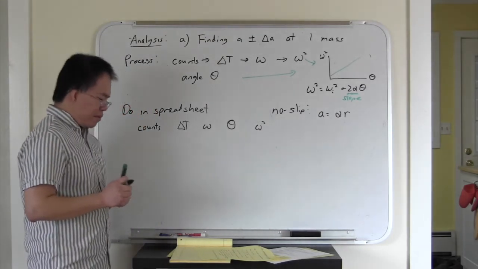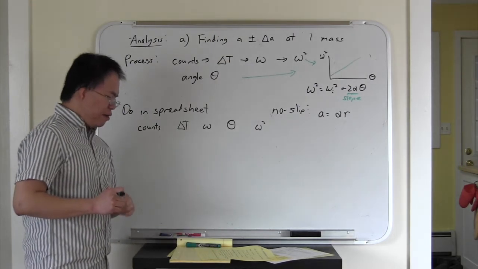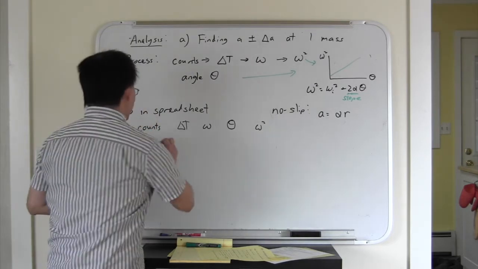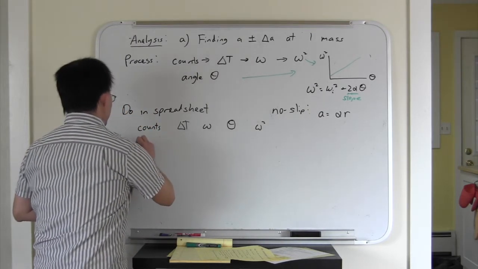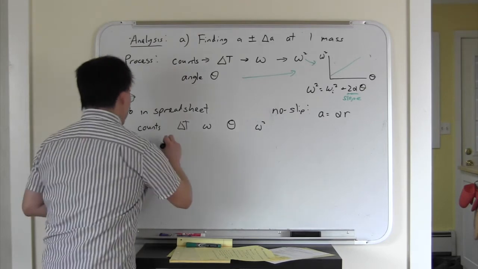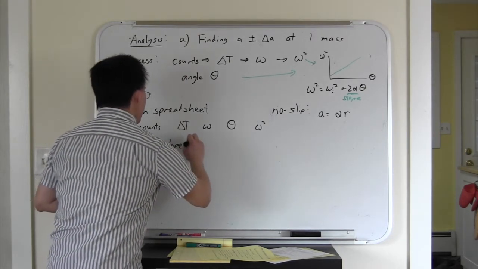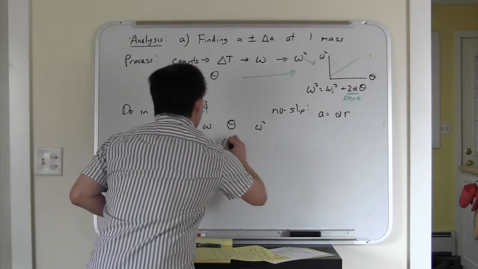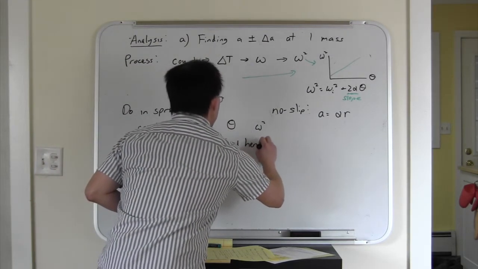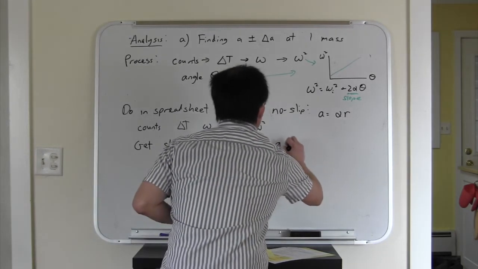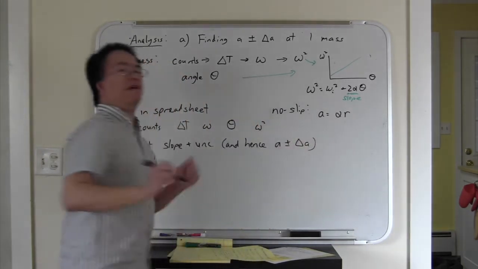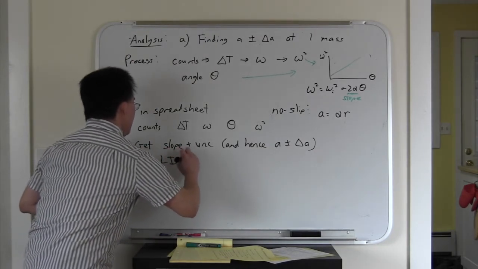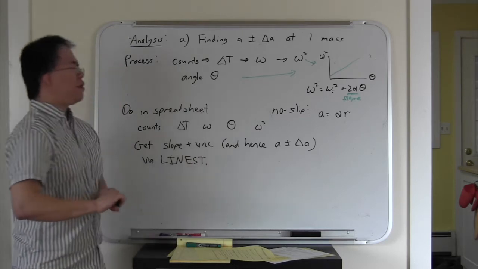So let me just say one thing. You can get the slope and uncertainty in the slope, and hence A and its uncertainty, via the linest function.